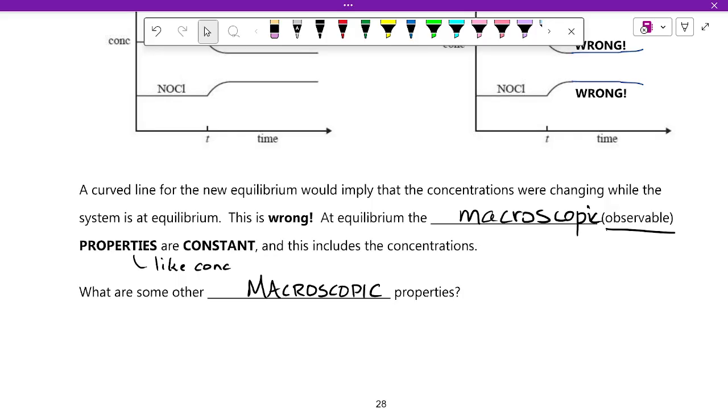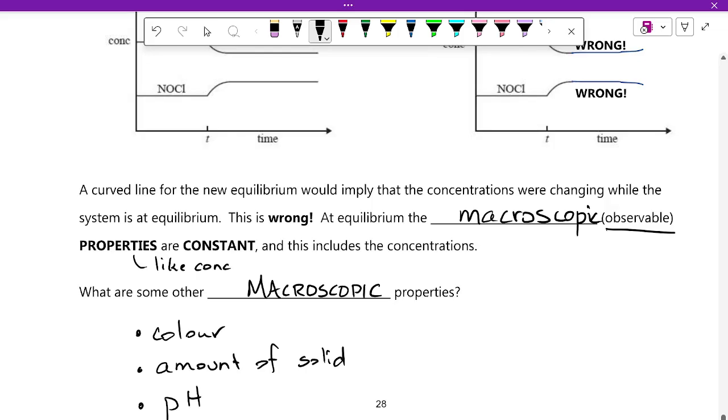Anyone want to give me one? Color. Another one. Precipitate, the amount of solid, shall we say? Amount of solid, yes. What else? pH. Temperature.